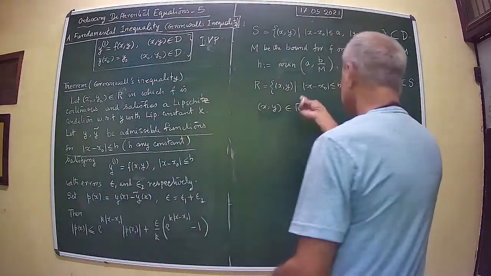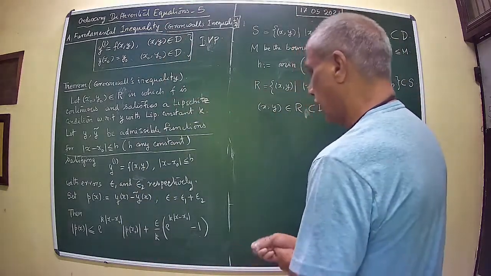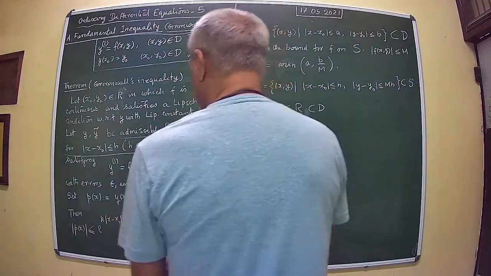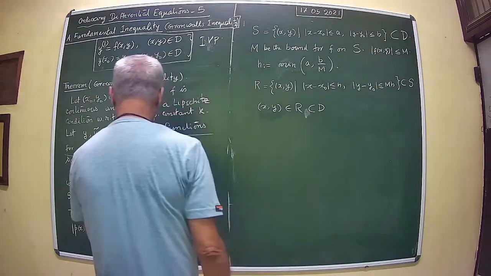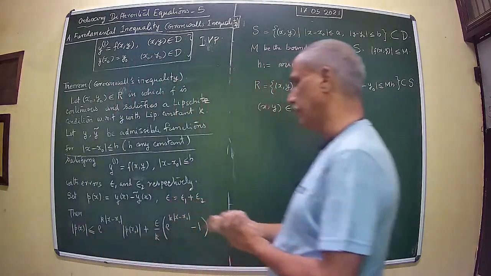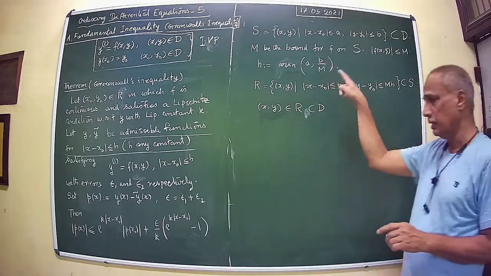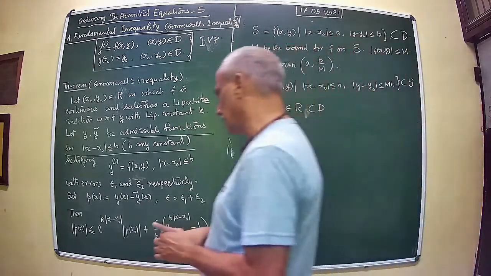This is what we mean by an admissible function. And we take the two approximate solutions with errors epsilon 1 and epsilon 2 respectively, as we did in the earlier construction, that is the broken solution that we have considered.